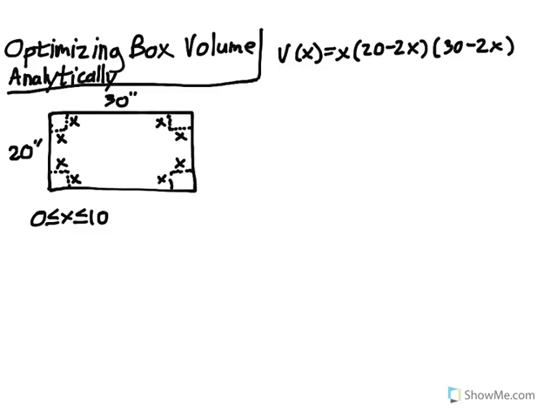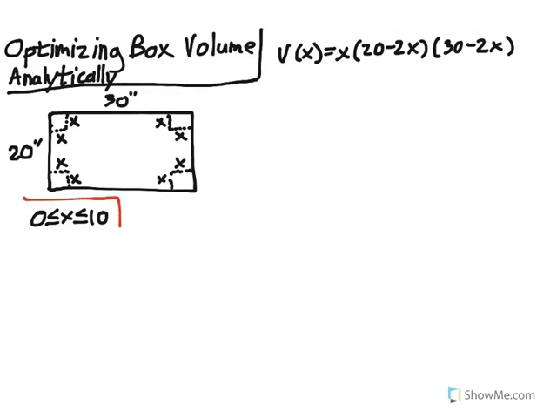Using the graphical method that Khan showed, he had already set up the problem as a sheet with an x by x box cut out of each corner in order to form an open-top box, and that open-top box would have a volume which follows this function.